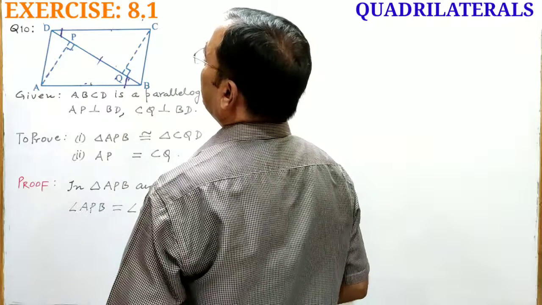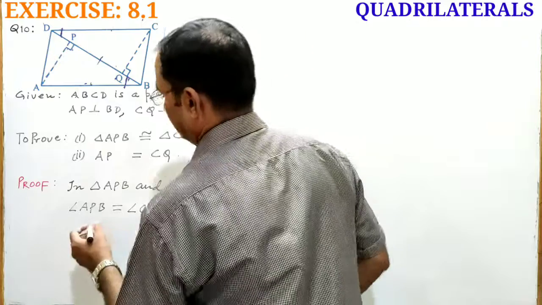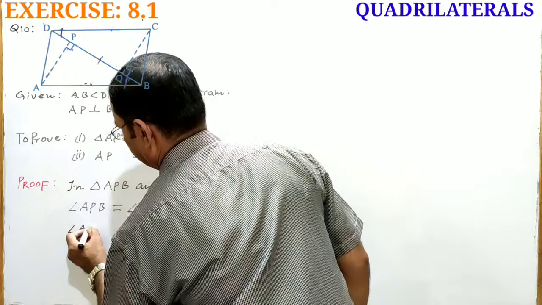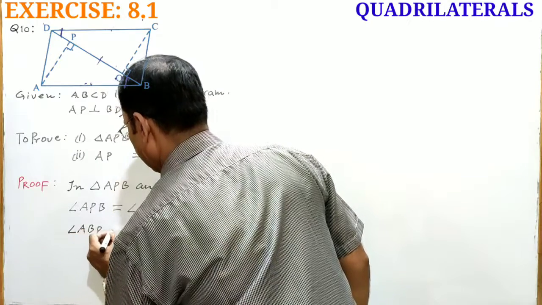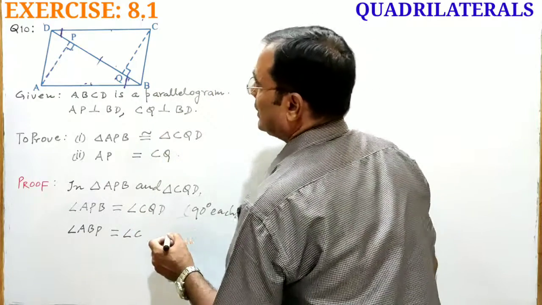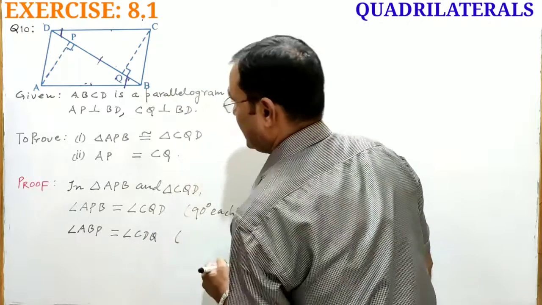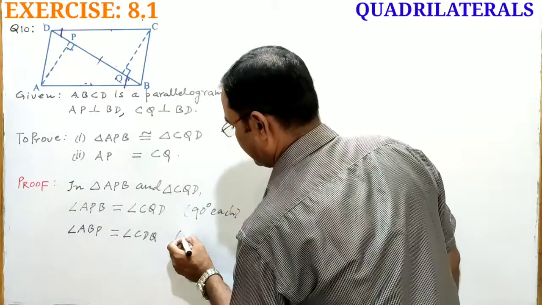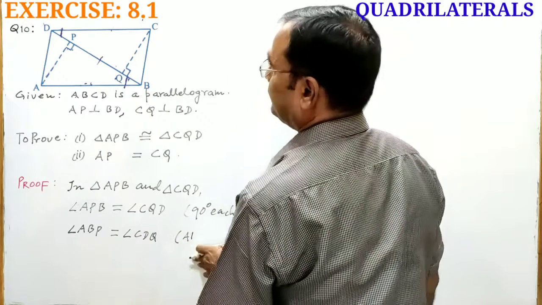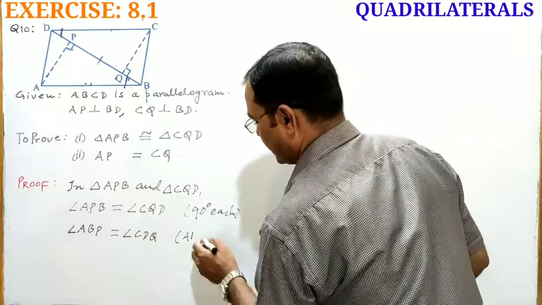Angle ABP is equal to angle CDQ. Alternate interior angles, because AB is parallel to DC and BD is transversal.